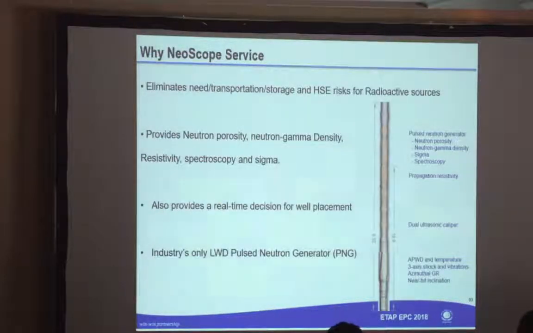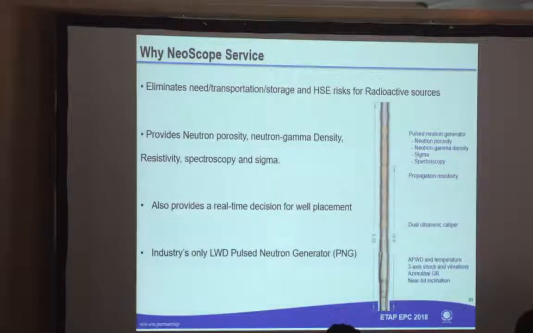So why NewScope? NewScope, as I just mentioned, eliminates the risk of transportation and handling of the chemical source. In addition to this, it provides in only one tool a complete suite of logs: gamma ray, neutron porosity, neutron gamma density, resistivity, spectroscopy, and sigma, in addition to ultrasonic caliper and gamma ray image.